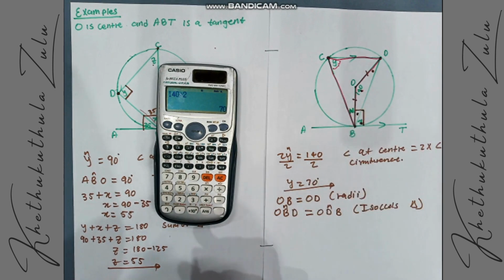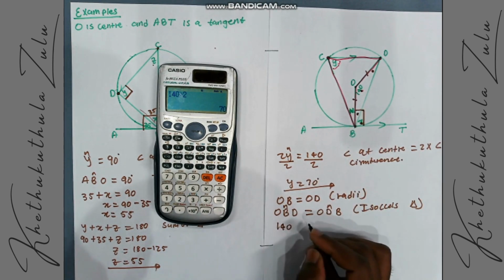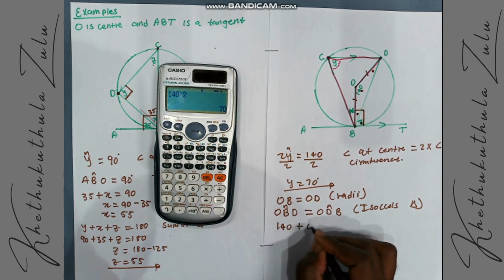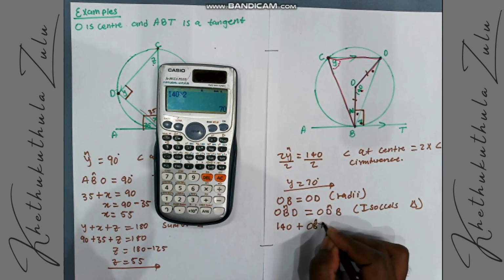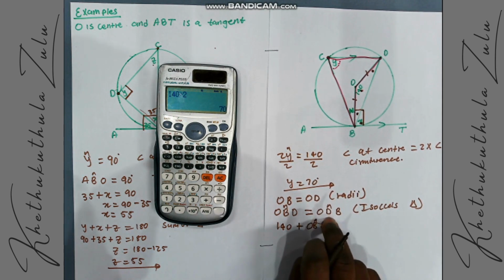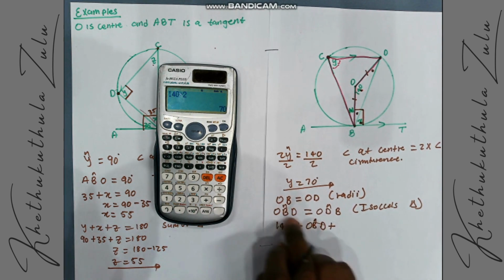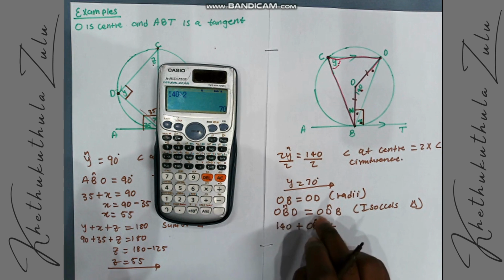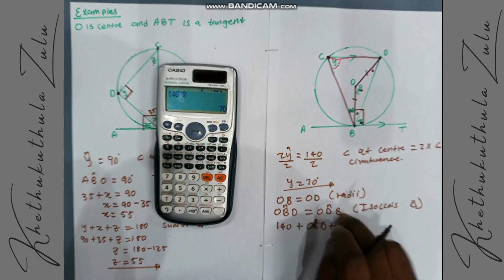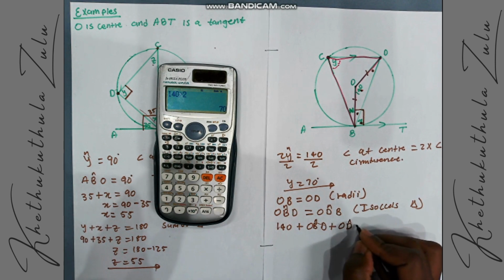by doing sum of a triangle, by saying 140 plus OBD and plus this, but this one is equal to this one, so that this OBD is equal to ODB. Let me just write it like this. I'll write this statement after that.